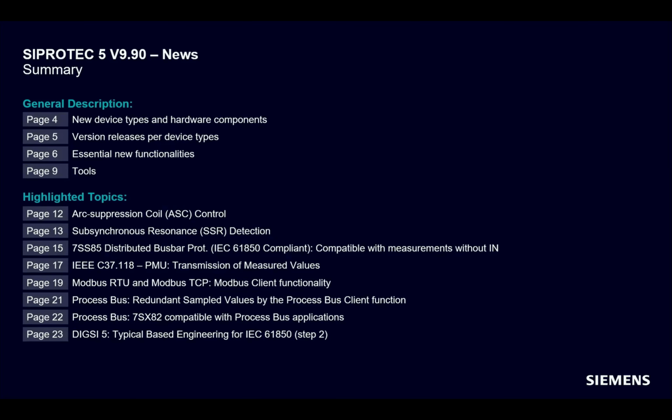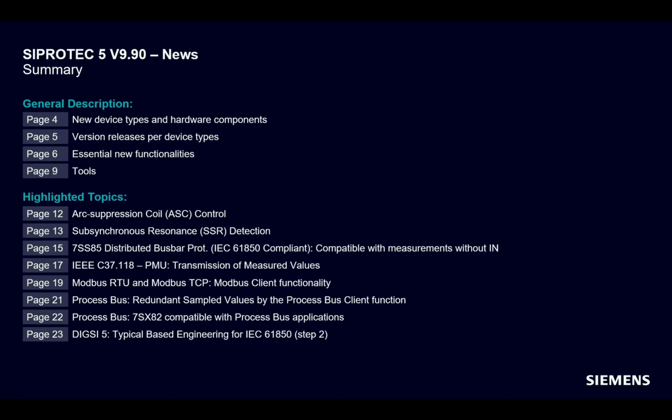In the general description, all the new features will be presented, divided into four categories. This will be new device types and hardware components, version releases per device type, essential new functionalities, and finally, our tools. For the highlighted topics, we will present more details on 8 new features.